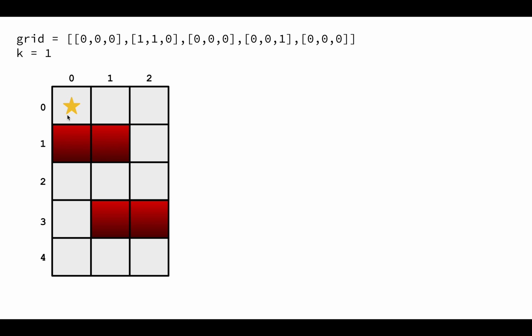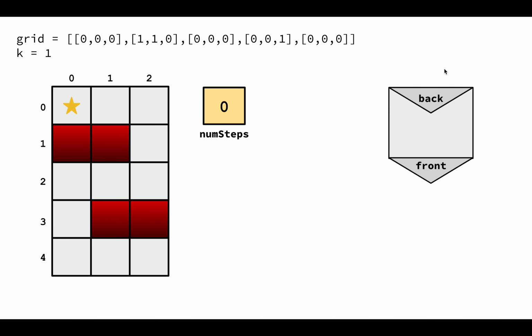We're going to start up here at the star at this corner here, so location 0, 0. We'll have a counter for the number of steps. And then here we'll have our queue. So the first thing we're going to do is enqueue this very first square, this very first position, to our queue.